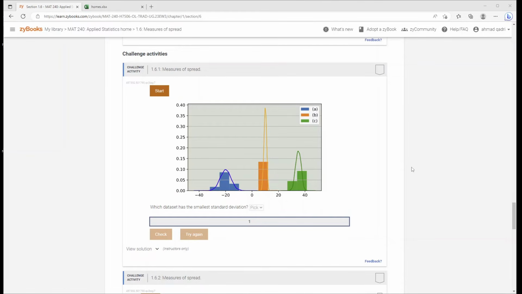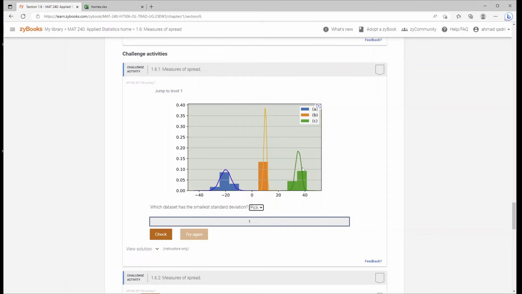This is challenge activity 1.6.1, and this is about measures of spread. And the question is, which dataset has the smallest standard deviation? So remember, standard deviation is a measure of variation in the dataset. So if we look at these three distributions, we can clearly see that this distribution here is the most spread out.